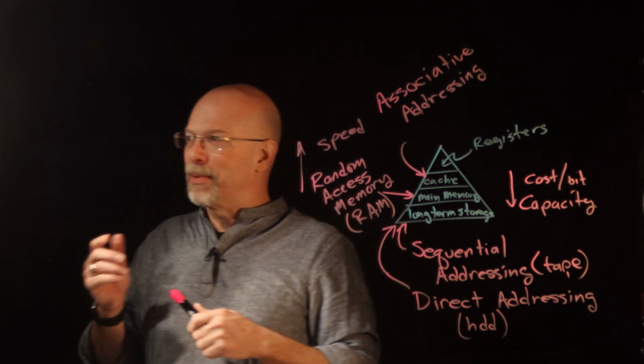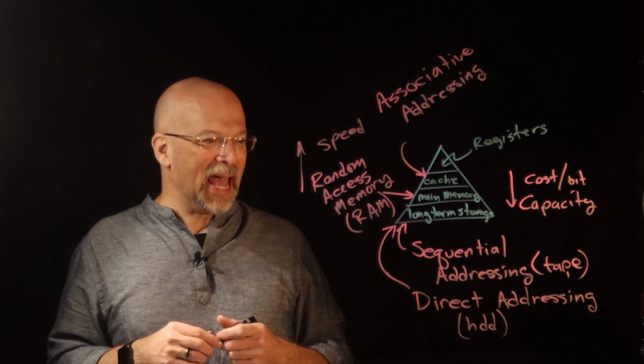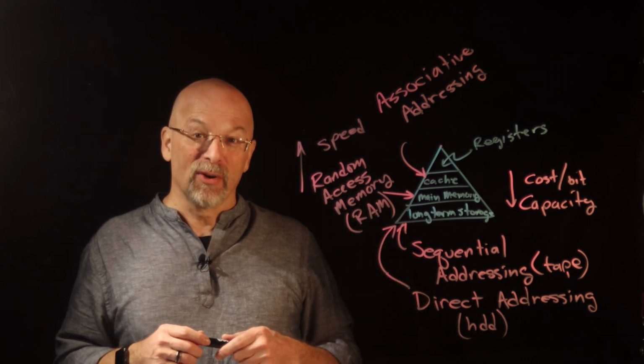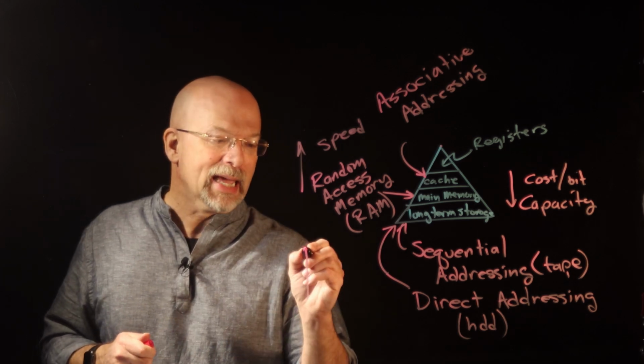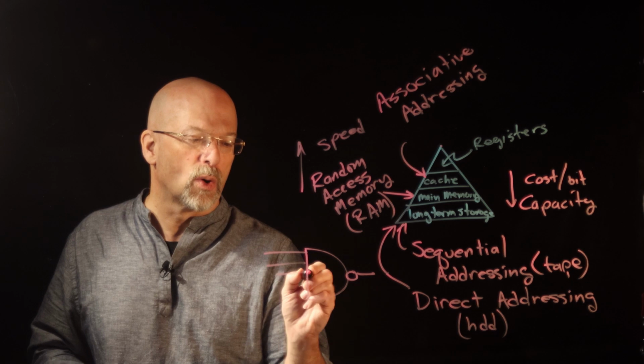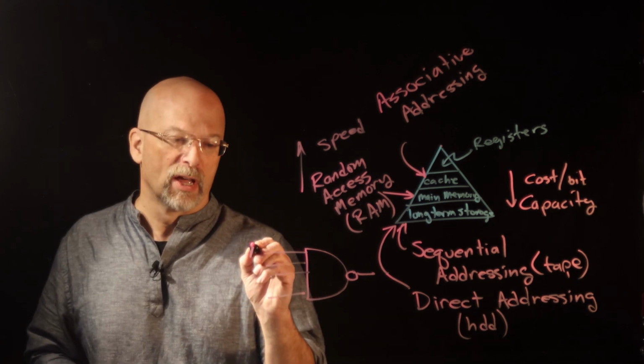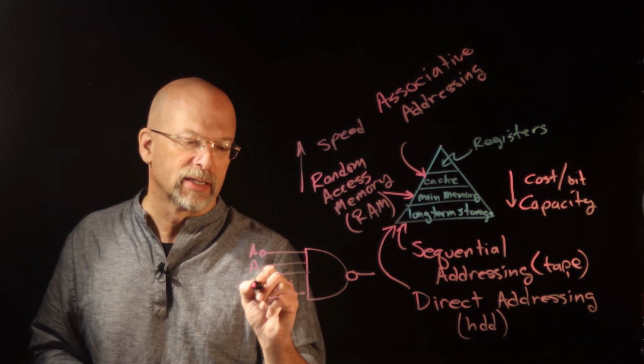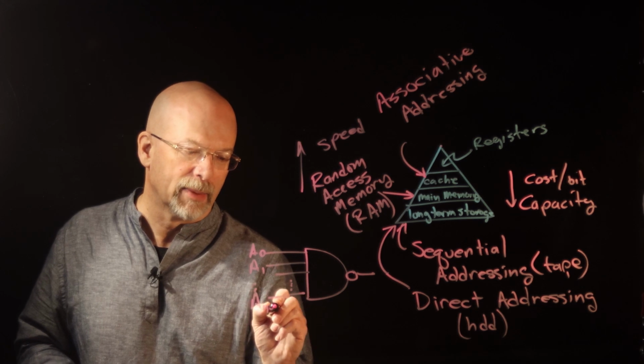When we talked in episode 68 about address decoding, we talked about how a NAND gate could be used to identify based on the inputs coming from these address lines, A0 all the way on to A(N-1).